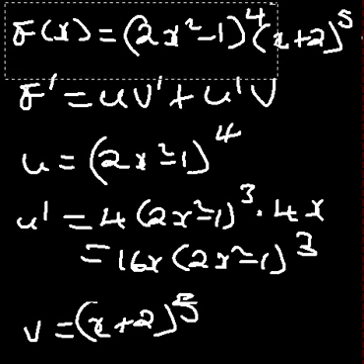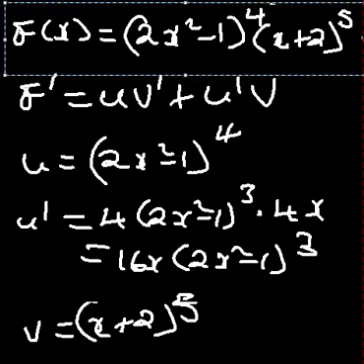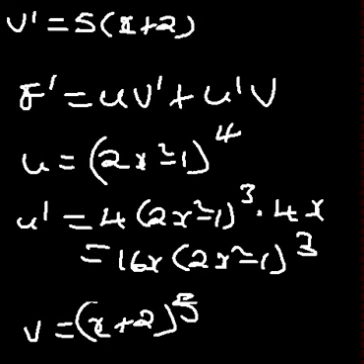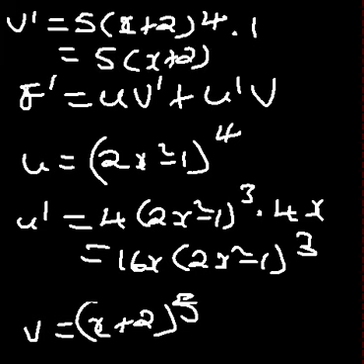Now how about the derivative of the v? The v prime will be given as, using the chain rule, 5 times x plus 2 to the power 4 times 1, which is the same as 5 times x plus 2 to the power 4. So that is the derivative.